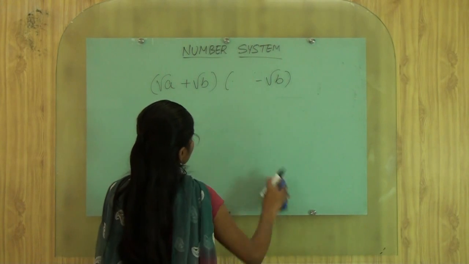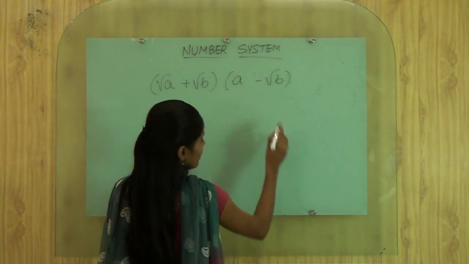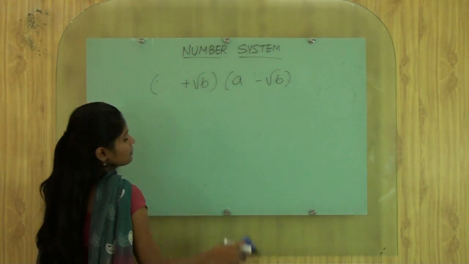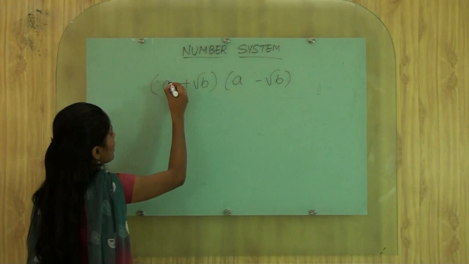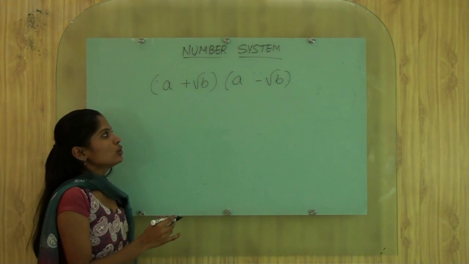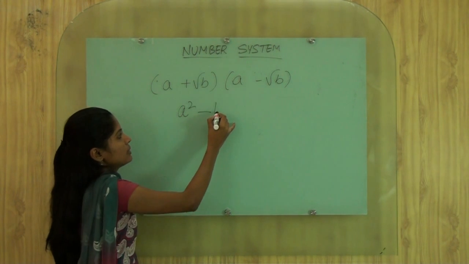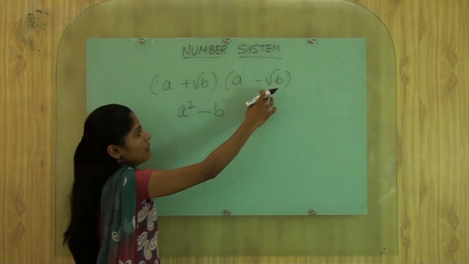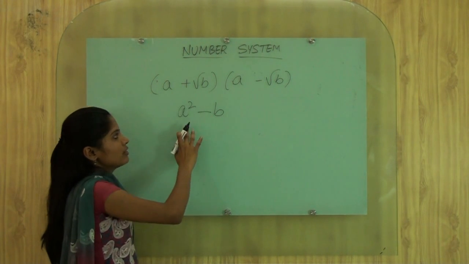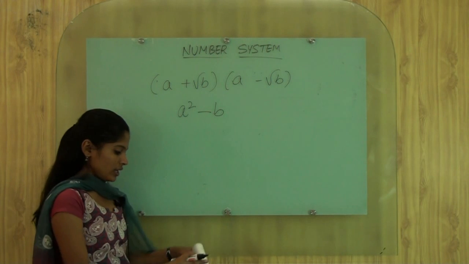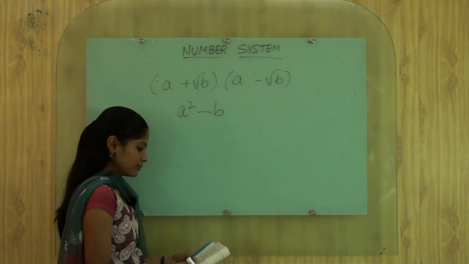Suppose if you have taken a here, and here also a plus root b into a minus root b is a square minus b. For root b will become b and a will become a square. Okay, this is one.